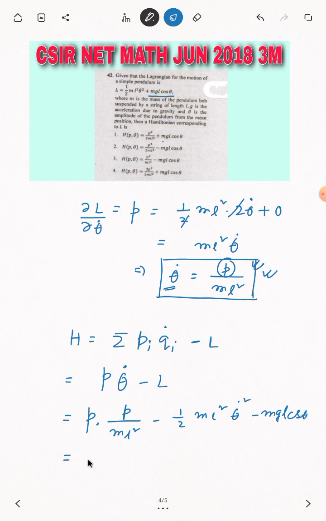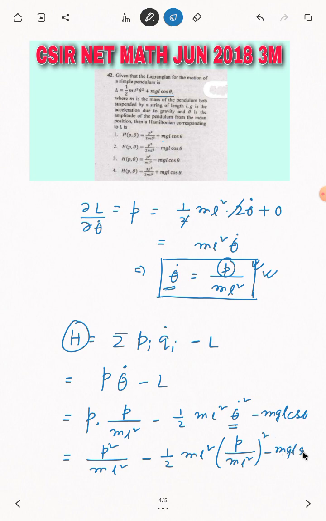So finally we should have p square by ml square minus half into ml square. We must replace this theta dot by p, because in Hamiltonian function h we should not have theta dot, that means the velocity component. So ml square into theta dot, which is p by ml square, whole square, minus mgl cos theta.